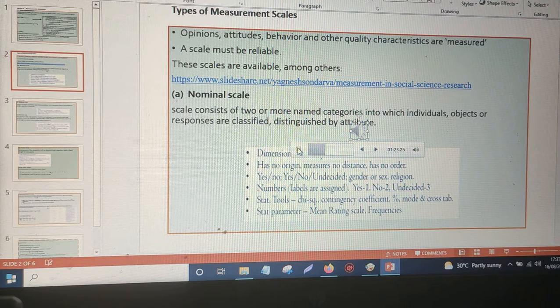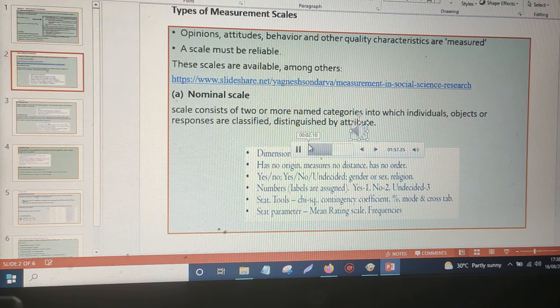It could be in form of yes and no, or yes, no, undecided, gender or sex, religion. If you examine this, you will see that although they are classified, there is no distance, it didn't start from anywhere. No one is higher. These categorizations are just labels.